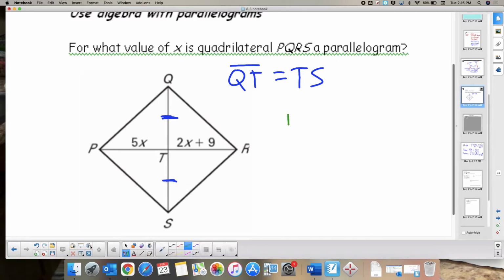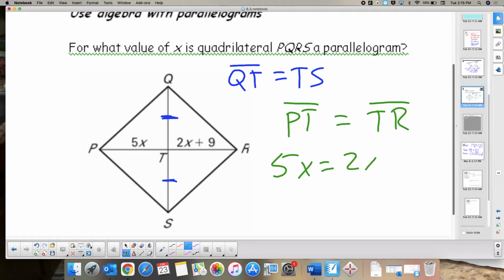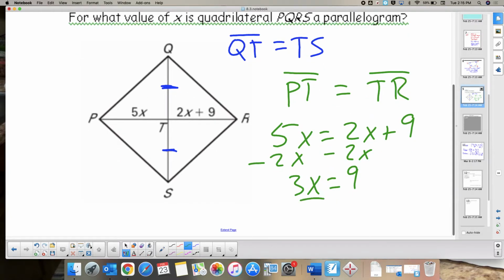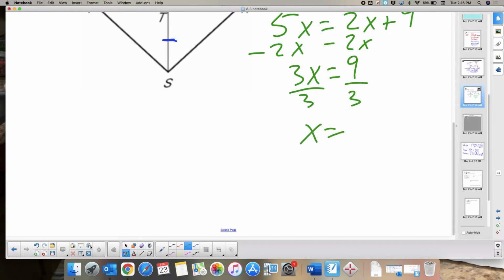Likewise, PT will have to be equal to TR, which means that this 5x will have to equal 2x plus 9. So to solve our equation, we subtract 2x from both sides. So 3x equals 9, and then we divide by 3. We get x to equal 3.